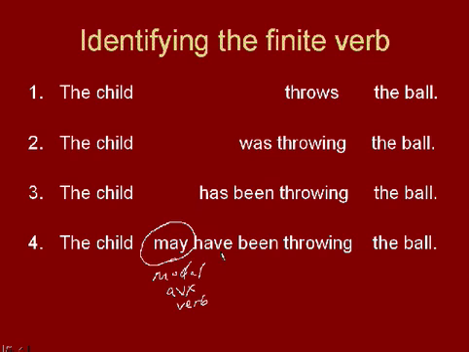In this situation here, have and been and throwing are all non-finite, and may is the finite verb. How it differs to these other ones, has in 3, was in 2, is that may does not change to another form if you change the person, number, and tense. That's the end of this session.